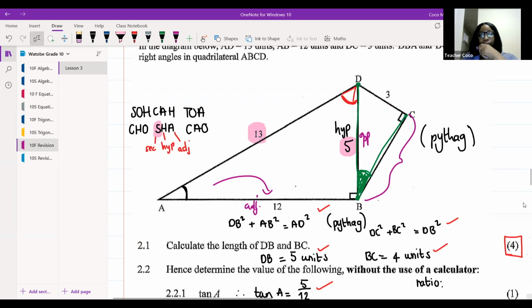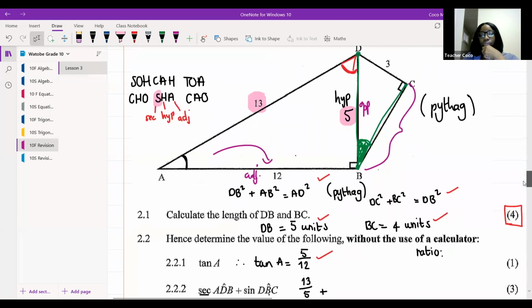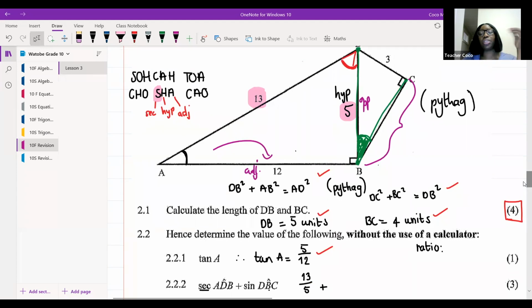Tell me. What are we looking at over here? Good, Deboho. My opposite is 3, and my hypotenuse in this case is going to be, oh, Muhammad is using the wrong triangle. You need to use the correct triangle, because this is our angle over here, and they want it in this tiny triangle over here. Good. And the hypotenuse is going to be 5. Excellent. So this is going to be 3 over my hypotenuse, which is 5.